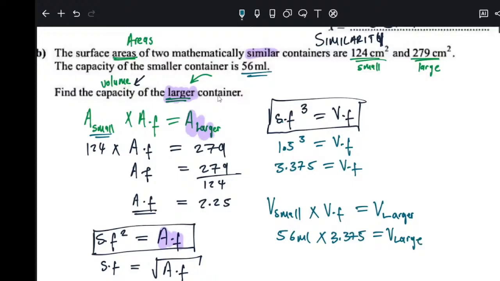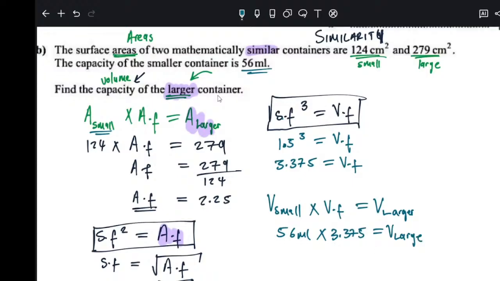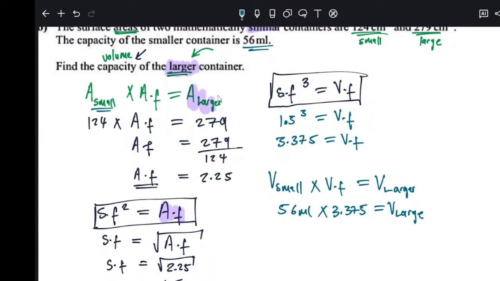What is it going to be? 56 times 3.375. What do you get? What do you get, students? 189 mils. This is going to be the volume of the large. So 189 mils. Are we together? This becomes the volume of the large.